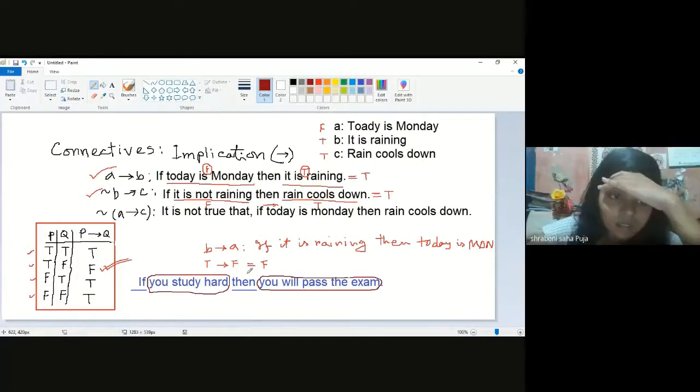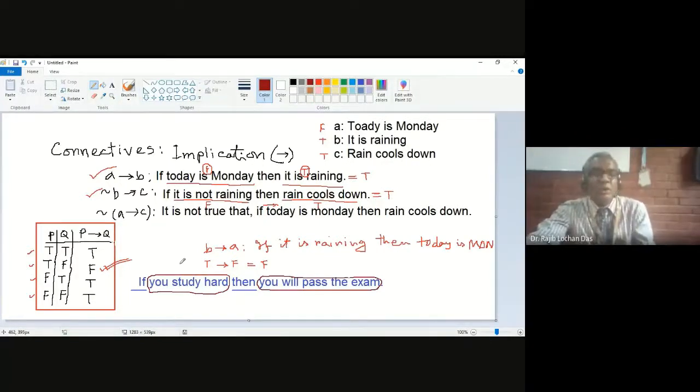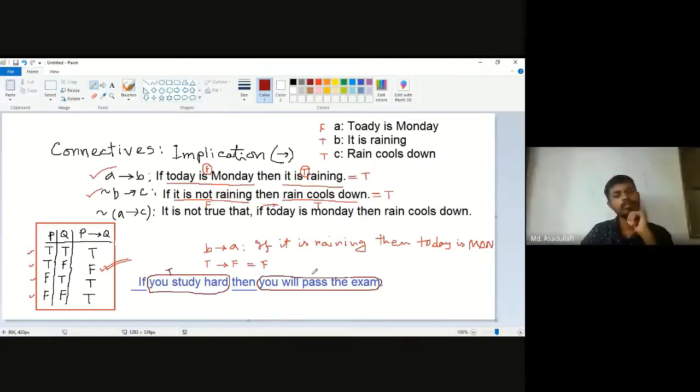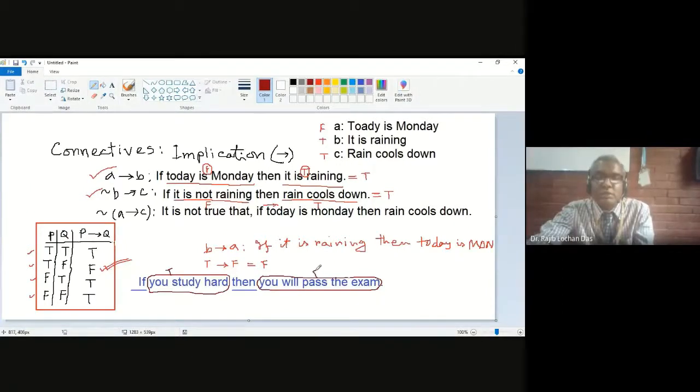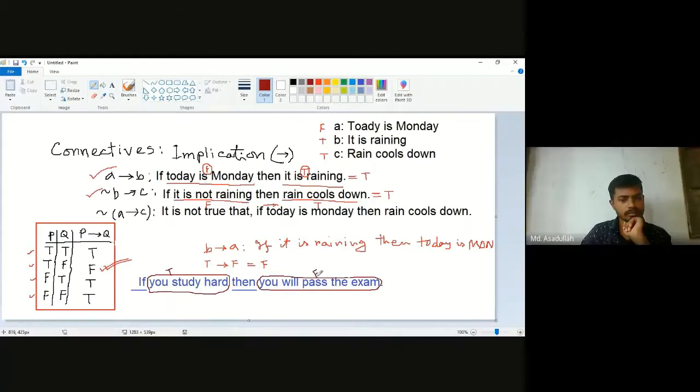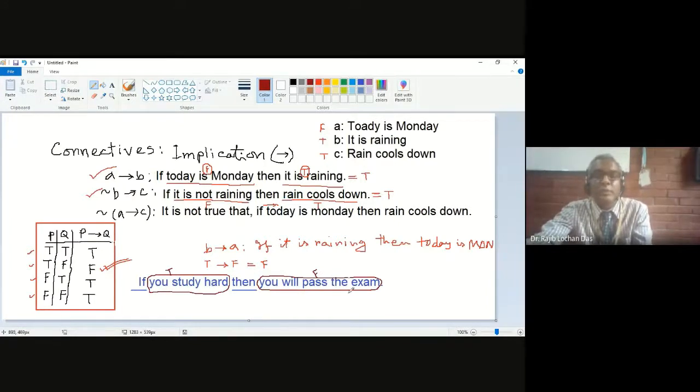Now someone has studied really hard. Say Korim, Rohim, Jamal, Kamal, whoever, somebody studied really hard. So it is true, right? But that person did not pass. So it is false. You understand my point?